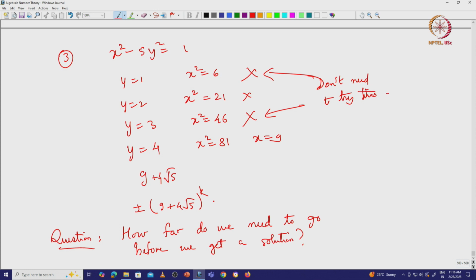And why is that? Because you see 5 is 1 mod 4 and y square, if it is odd, will also be 1 mod 4, and when you add that to 1 you will get something that is 2 mod 4, and so you know that this will never give you a square. A square is never 2 mod 4. So, you only need to try with even values of y. So, you can do all these sort of analysis, but even without doing, you do not have to go too far to find a solution.